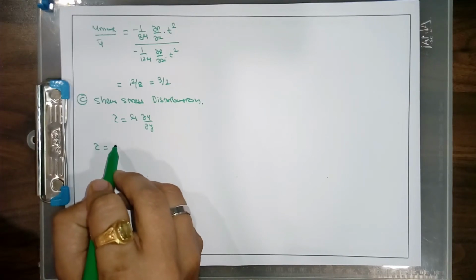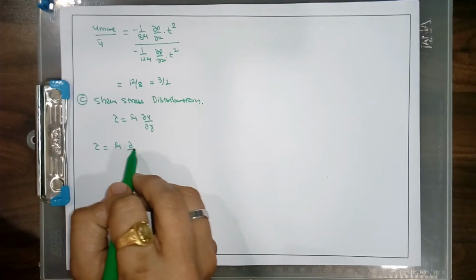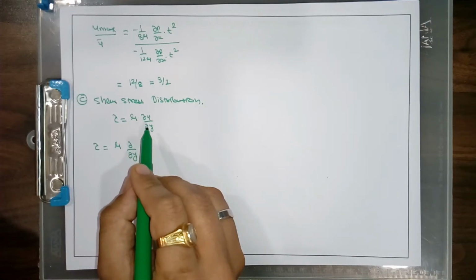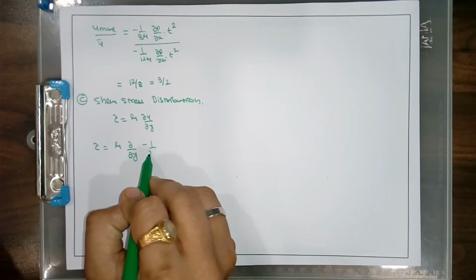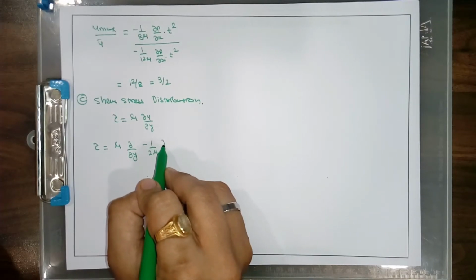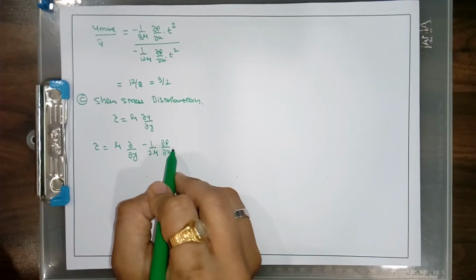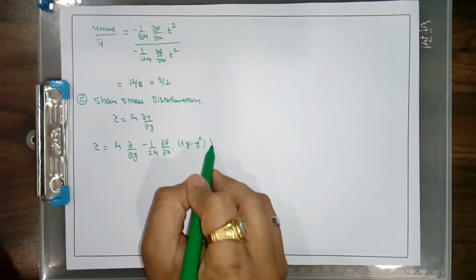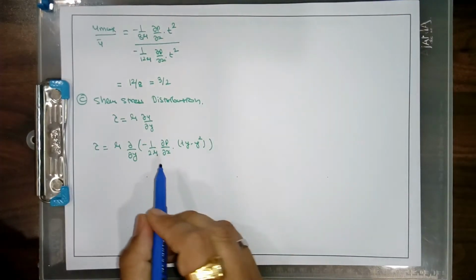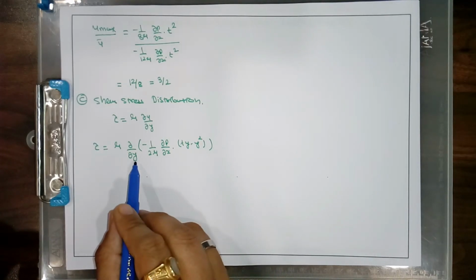So we get τ = μ ∂/∂y, and we know that the value of u is -1/(2μ) ∂p/∂x into (ty − y²). Now we do the differentiation of this term with respect to y.